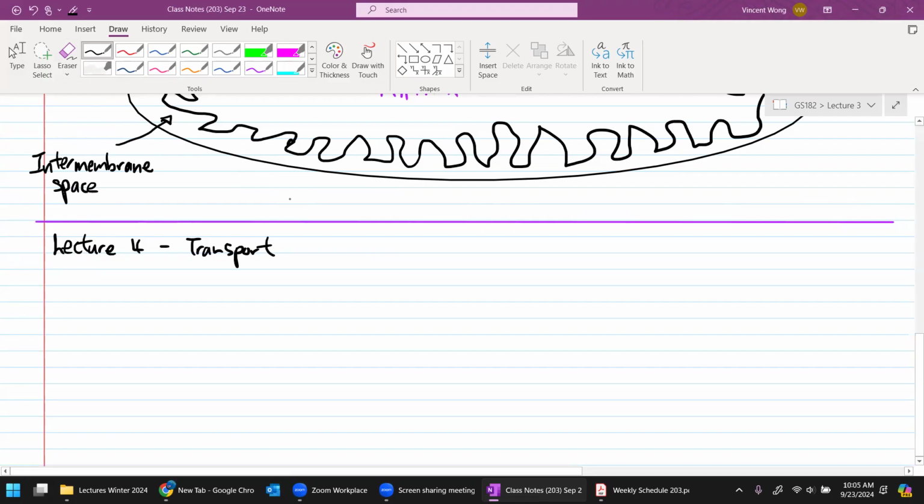But before we understand that, we have to learn more about the cell membrane structure. So I'm going to draw it out for you. This is called the fluid mosaic model of the cell membrane.